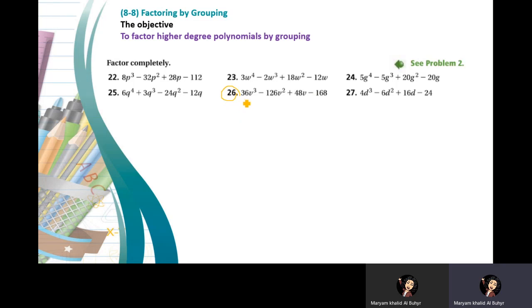I will look at the numbers now. I'll try to factor them. So step by step, I will think about 12. I can see 12 in all of them. So step by step, just think about it.